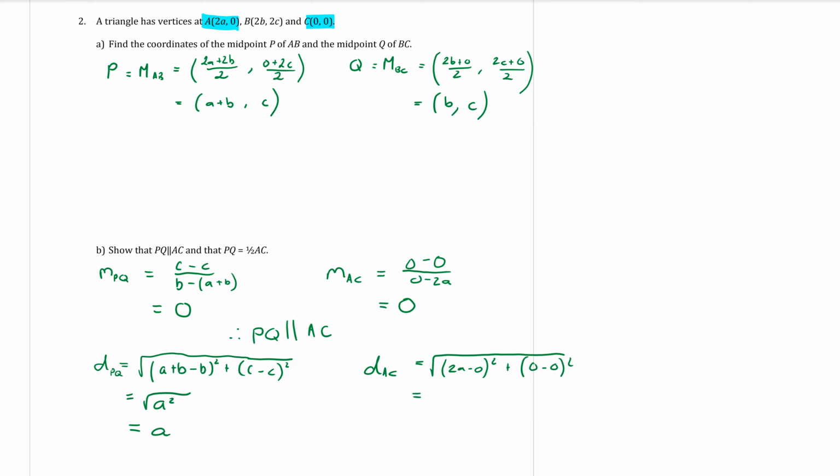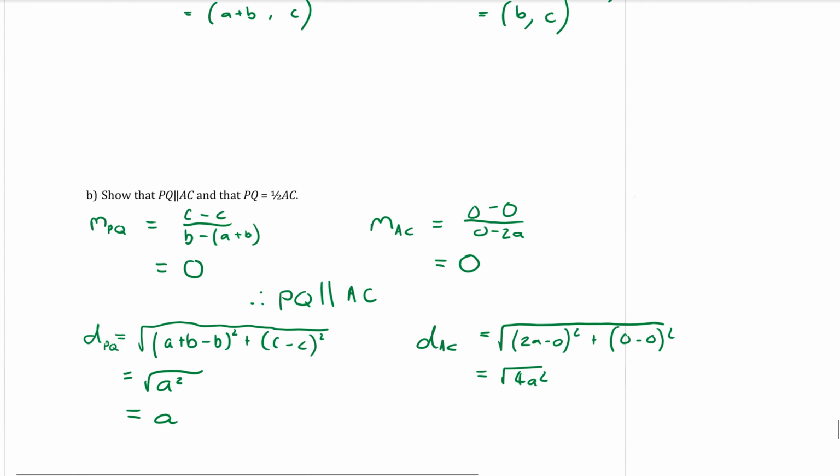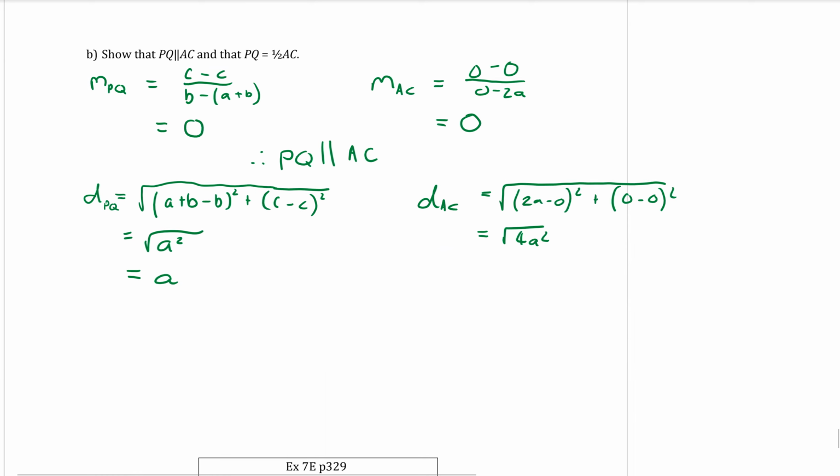The 2a minus 0 is just 2a. When you square that, you have to square the 2, which becomes 4a squared. The second bracket obviously doesn't do anything. 0 minus 0 is nothing. And so now I want to square root 4a squared, which means you square root the number and you square root the a squared, and we're back down to 2a again.